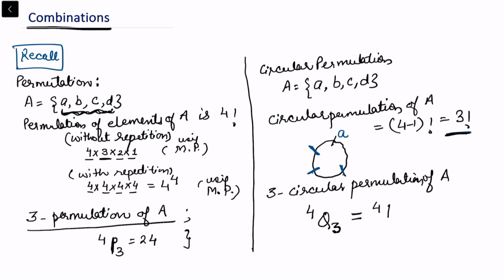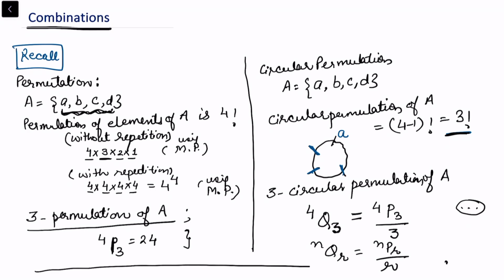This is 4P3 divided by 3, because if you choose 3, it's important that we consider their relative positions. So in general, NQR is the same as NPR divided by R. These 2 things I have already covered in my previous video, but before defining combination, I wanted to recall them. Now the same example we will extend to combination.